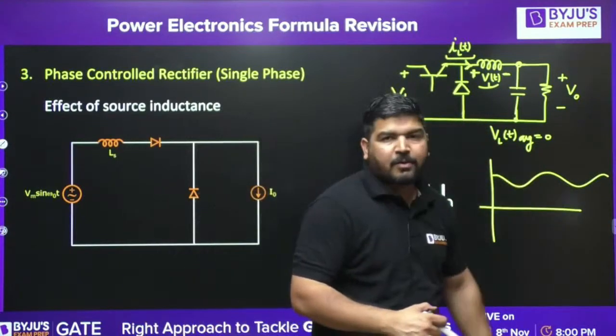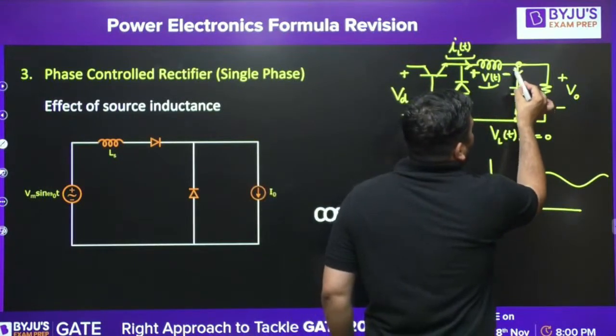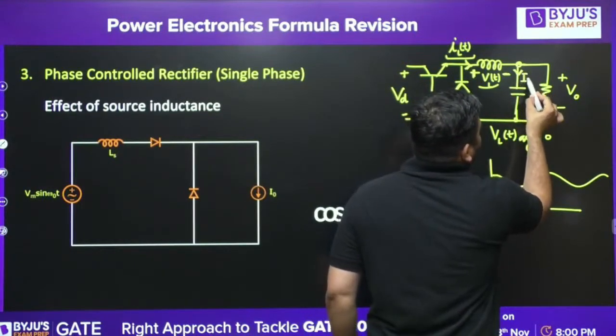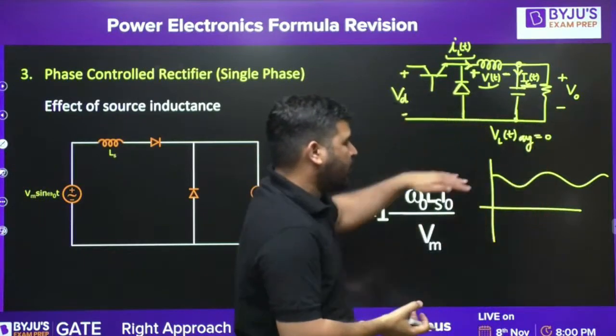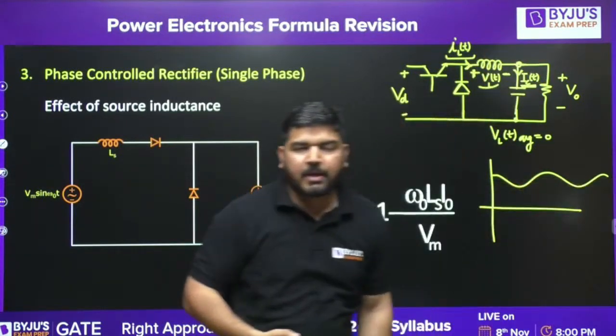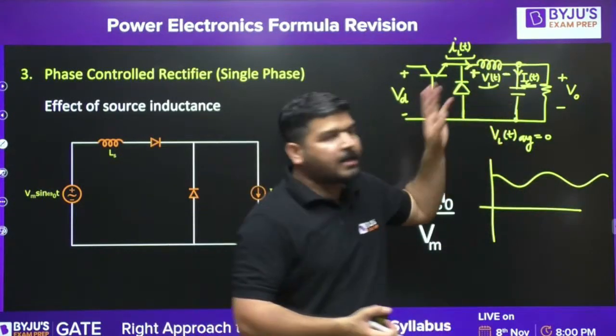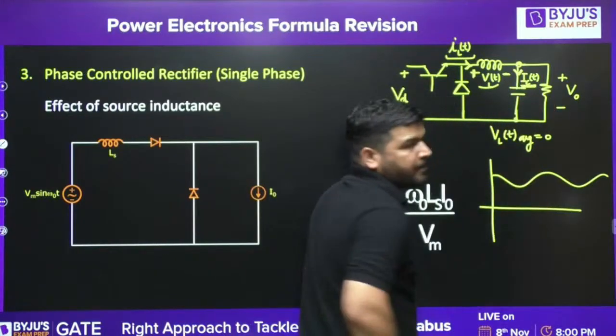So if it is periodic, you can say that the DC component of the current, IC(t) average, will be 0, because the voltage across the capacitor, the output voltage, is periodic. If the voltage across the capacitor is periodic, average current will be 0. It means there will be no DC current through this capacitor.